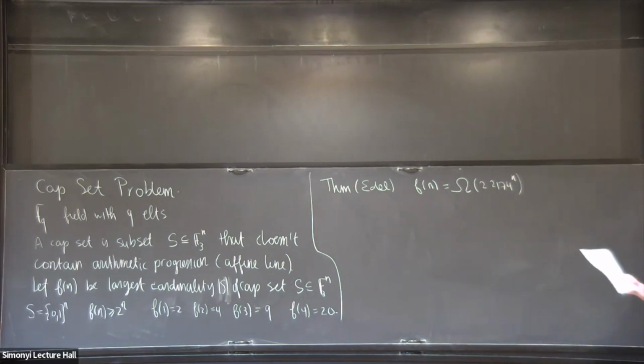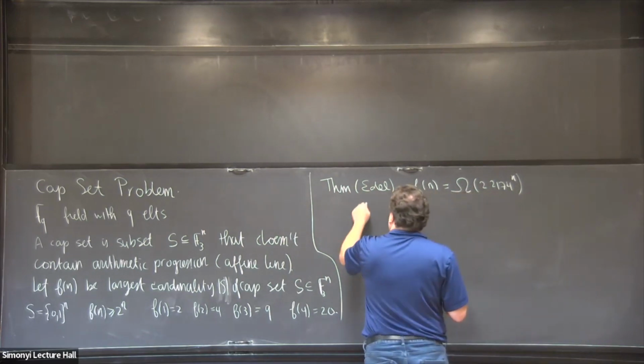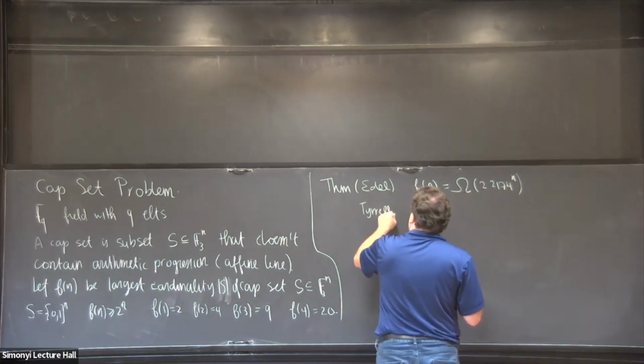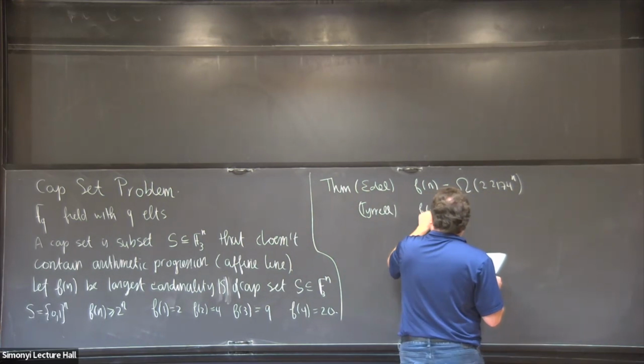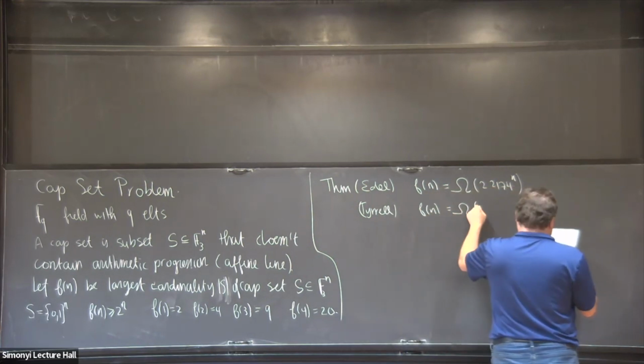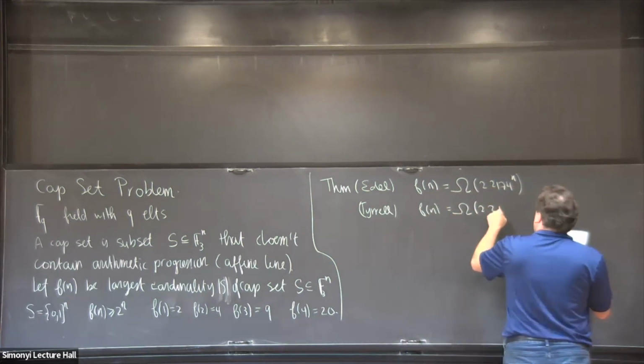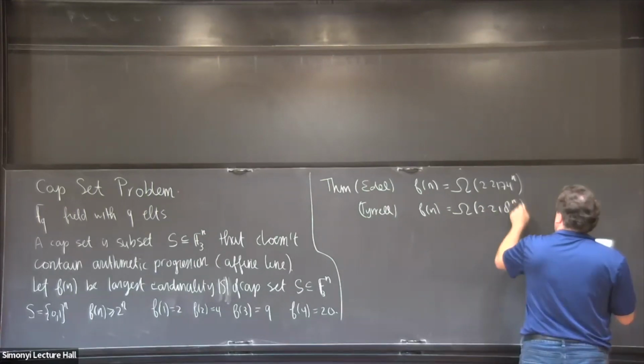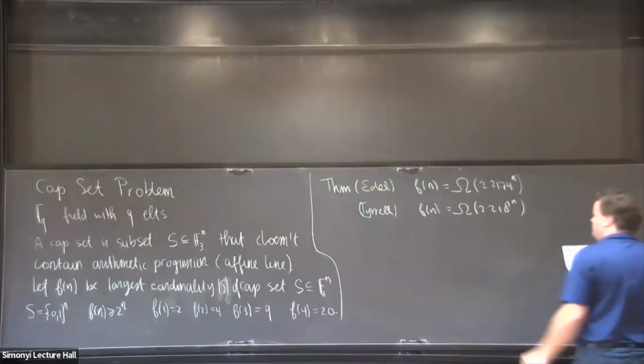And as I was preparing for this talk, I noticed there's actually a preprint where somebody, Tyrrell, actually proved slight improvements. So let me also mention that: 2.218 to the power n, like 218 and then more digits.